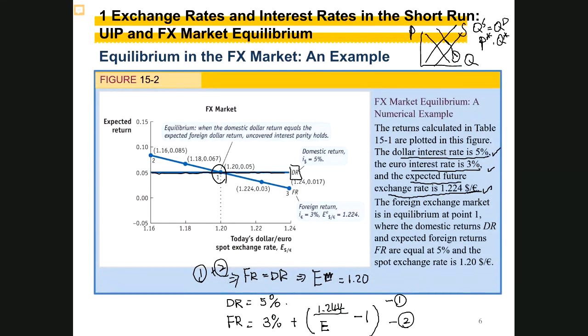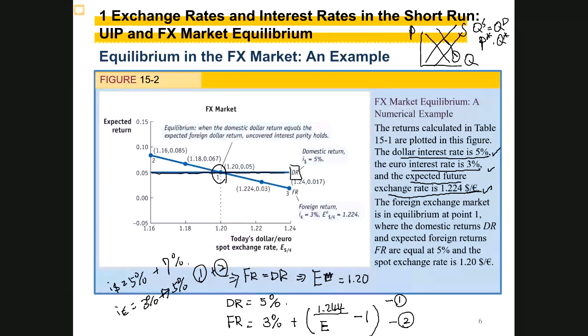Now if I manipulate some of the conditions, right now my dollar interest rate is 5. What happens if my dollar interest rate moves? Or my euro interest rate moves from 3% to 5%?